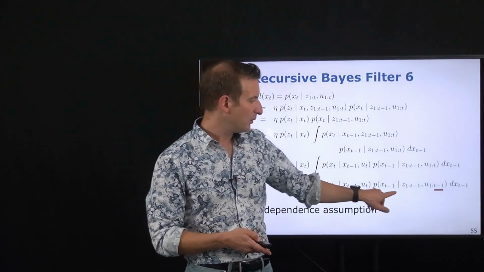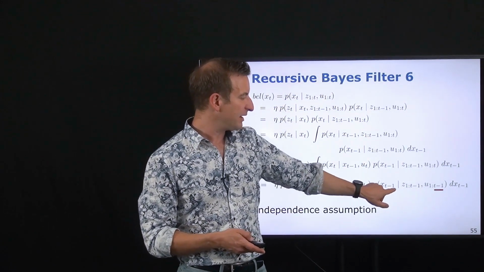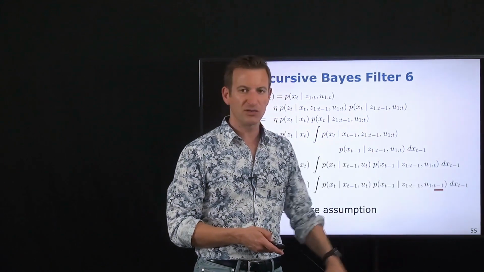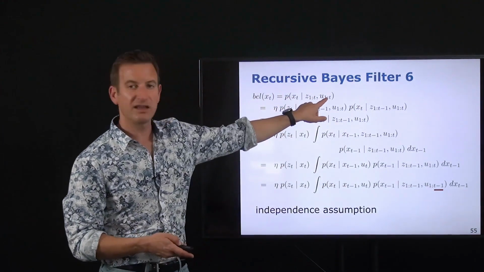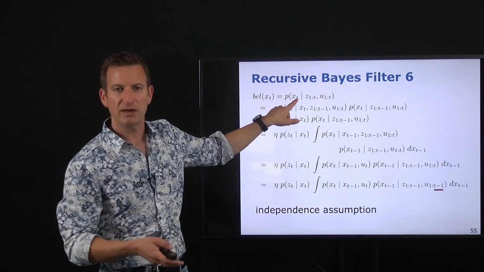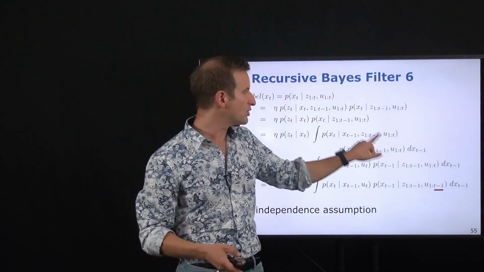And then we can look at this last term over here. P of xt minus 1 given z from 1 to t minus 1 and u from 1 to t minus 1. This is exactly the initial belief that I had, except that I replaced t by t minus 1. And this is now my recursion.